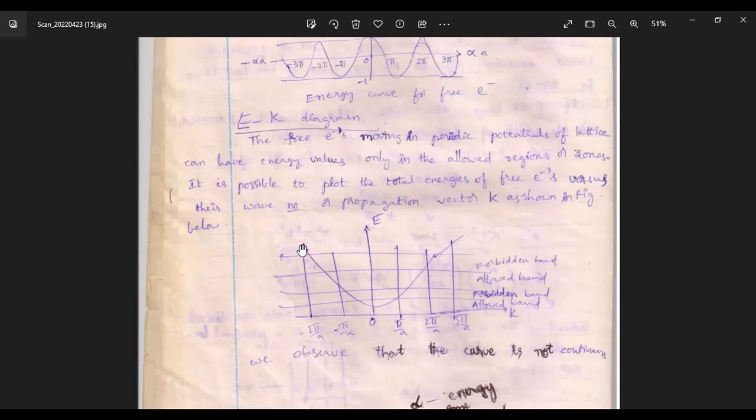You can see 0, pi by a, 2 pi by a, K is equal to n pi by a, the wave vector.